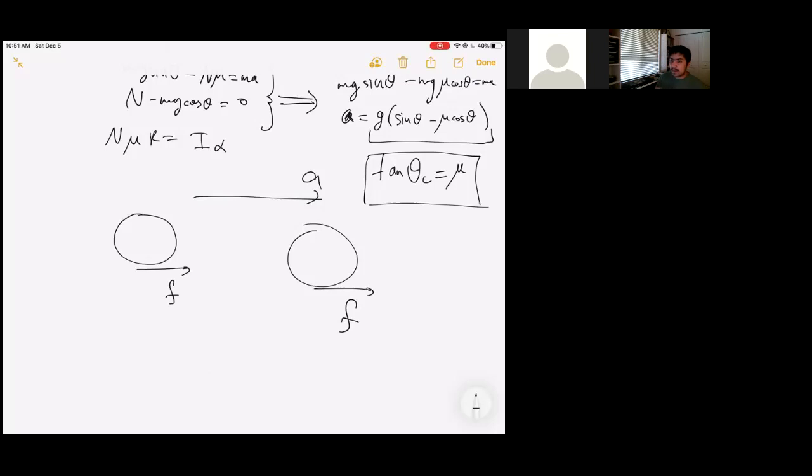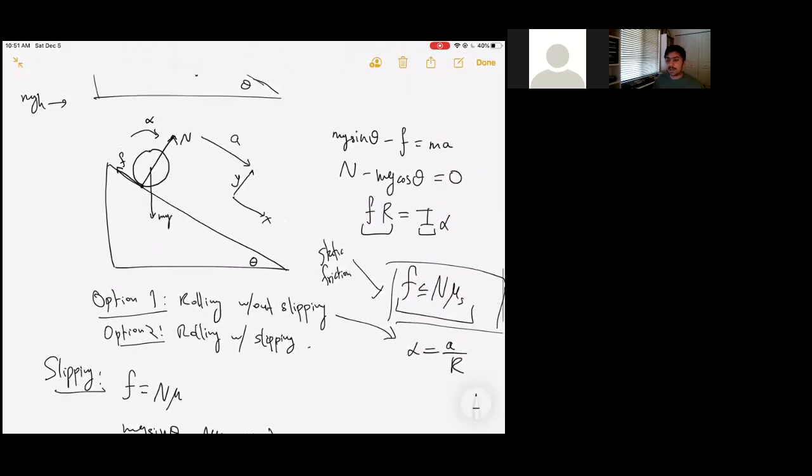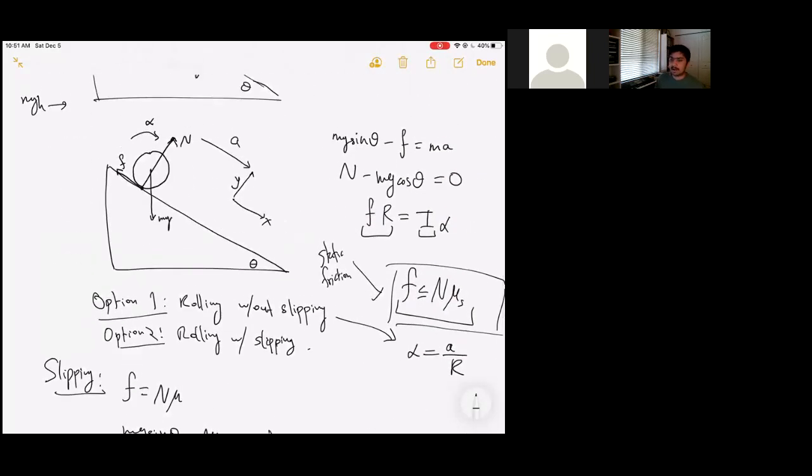So my point is that frictional force is not always pointing backwards. You can't just say it's pointing backwards to the motion. What you have to do is solve the rolling without slipping case. You'll find that frictional force is pointing backwards, and then therefore it'll be pointing backwards for all cases by continuity. Does that answer your question?